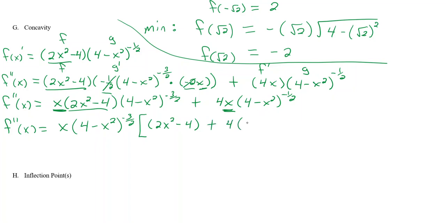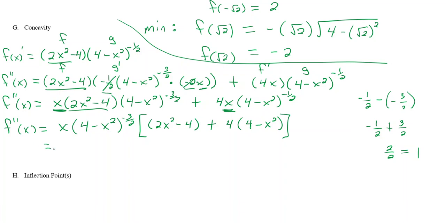And then 4 minus x squared. And then remember, like I said, what we're actually doing with the exponents here. So if you need to, we can write this out somewhere else. This is really going like 1/2 with our exponent minus negative 3 over 2. So minus a negative, that's the same as adding, isn't it? So this is like negative 1/2 plus 3 over 2. So that'd be the same thing as 2 over 2. Perfect. That's the same thing as 1. So there you go. They actually got rid of my fractional exponent there.